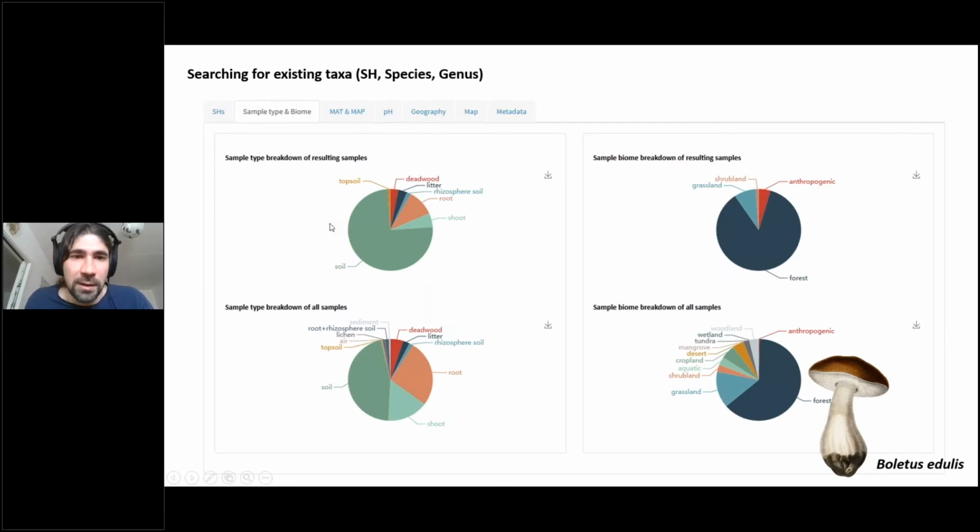You can see the soil samples contained most of the sequences of this species, and the forest biome was the source with most of the sequences. So it's quite obvious because it's a forest mushroom.